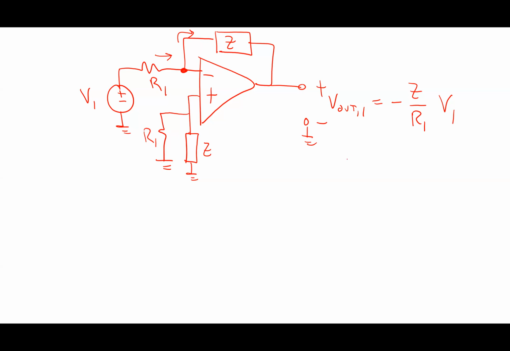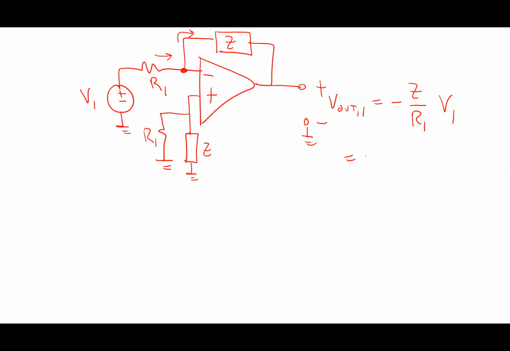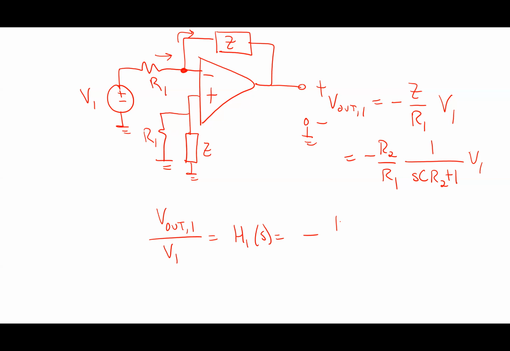Given what I just wrote for Z, this would become negative R2 over R1 times 1 over SC R2 plus 1, times V1. So V out 1 over V1 is my H1 of S, and that is simply negative R2 over R1 times 1 over SC R2 plus 1.